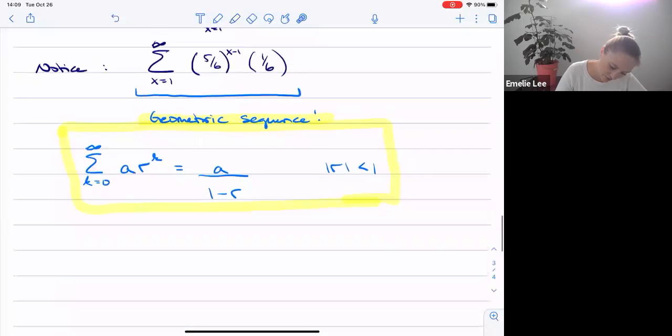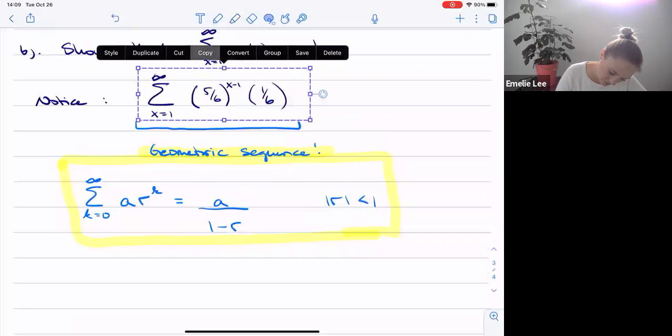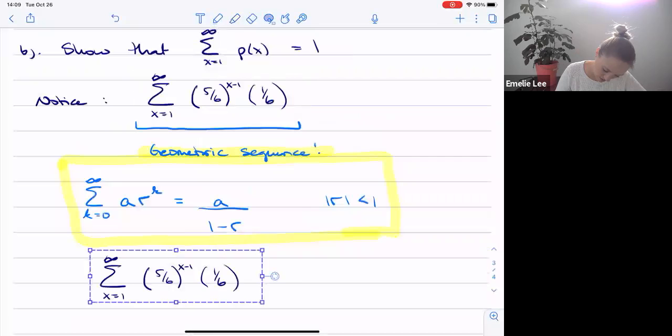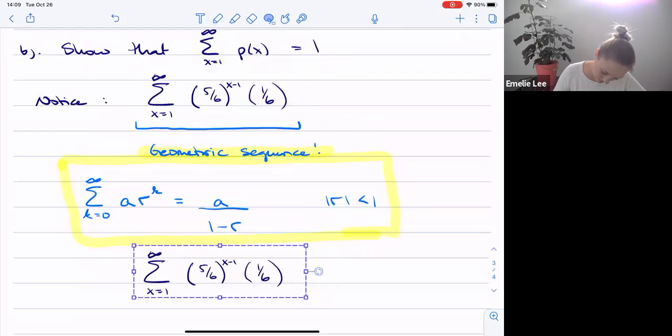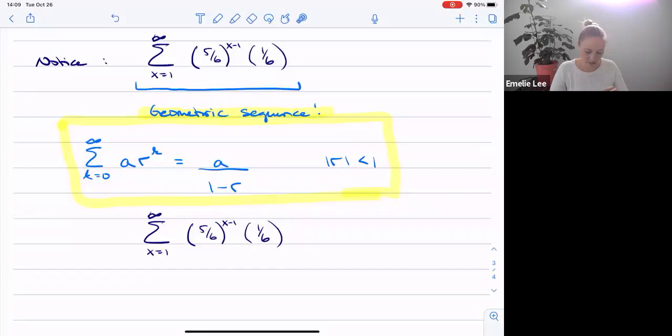So what we have here, I'm going to copy and paste it down here. Trying to connect things: I need an a, an r, and a k. One thing is that k goes from 0 to infinity, but we can make adjustments there.